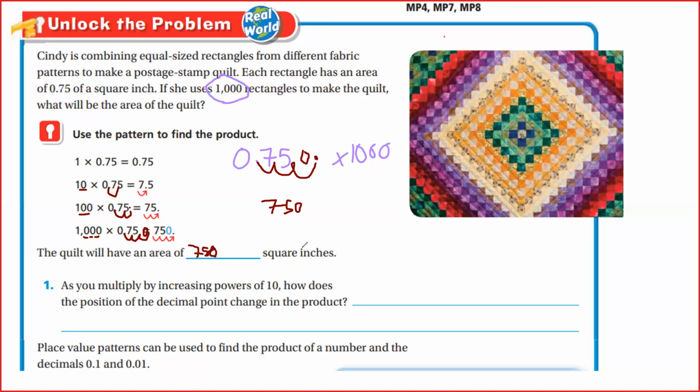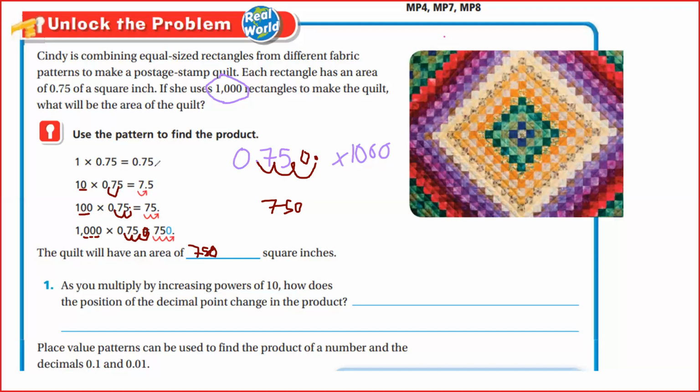Okay, now as you multiply by increasing powers of 10, how does the position of the decimal point change the product? When you change the position of the decimal point to the right, does the number increase or decrease? Look at it.